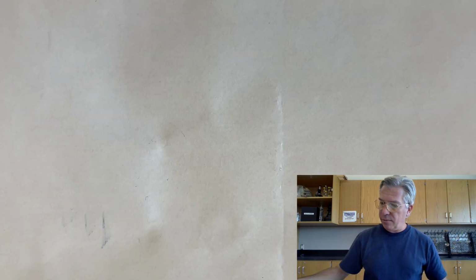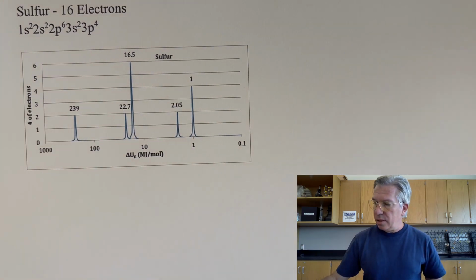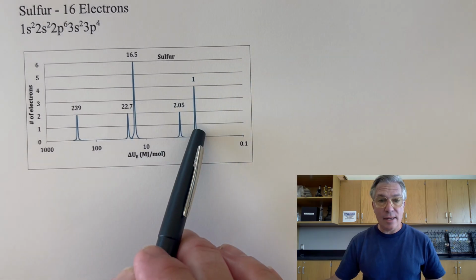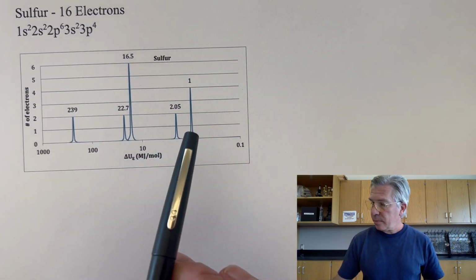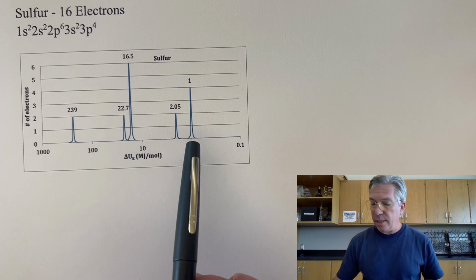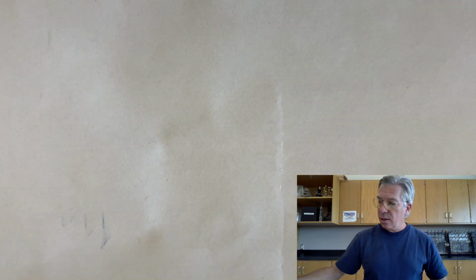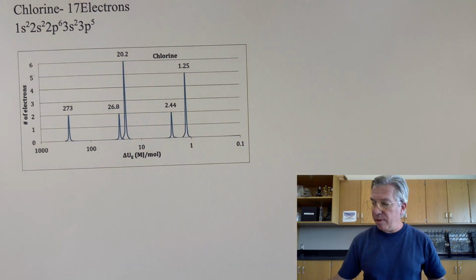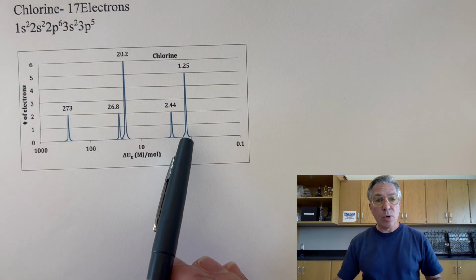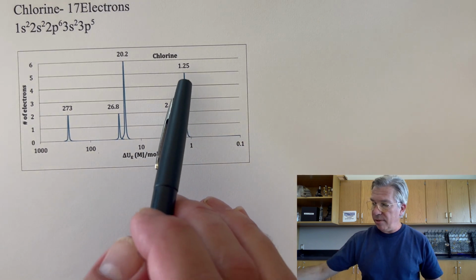And sulfur. Notice this one now is twice as tall as the s's, kind of like oxygen. And so we end up with 3p4. And chlorine, 3p5. So it's in the third row, p block, fifth column, so 3p5.